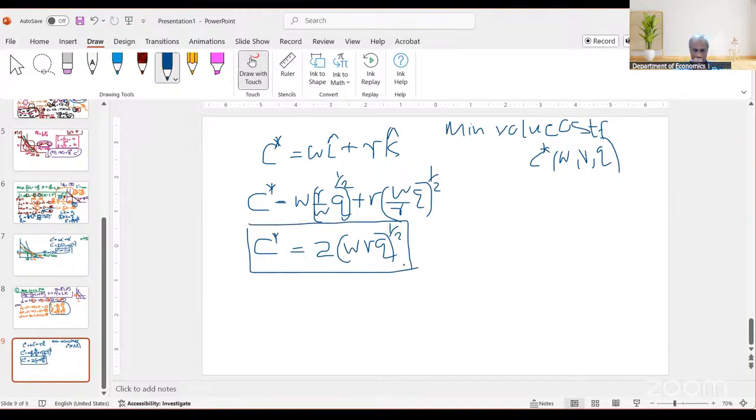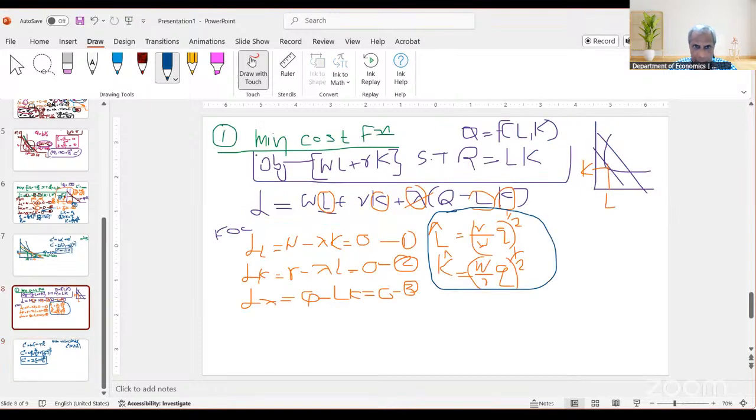That's what we call the minimum value cost function. Next time I'll ask you for this worth 10 marks, but you have to show how you get it. First write the objective and the problem, that is 1 mark. Then the Lagrangian, 1 mark. The first order condition equations, 3 marks.